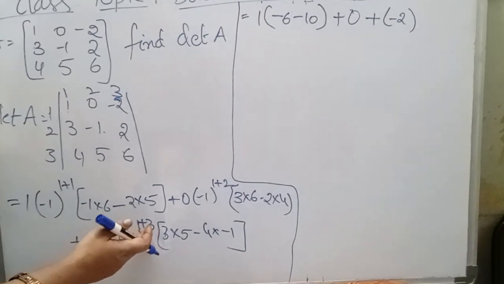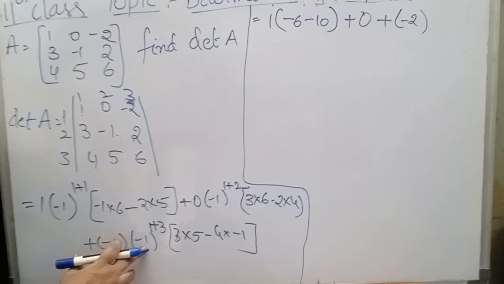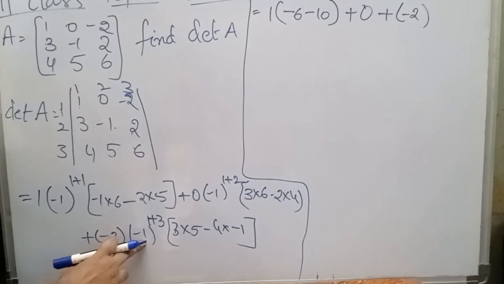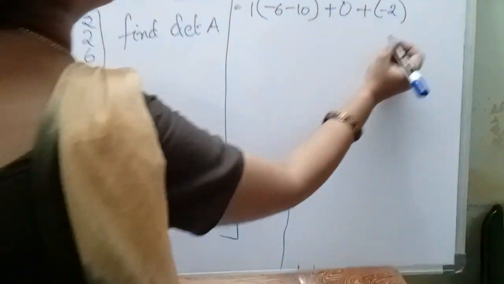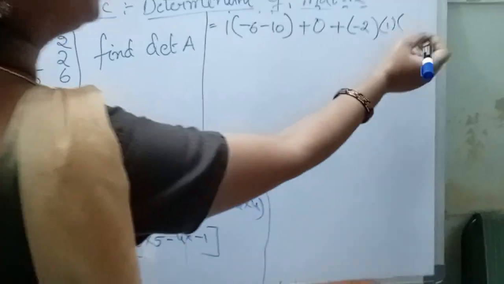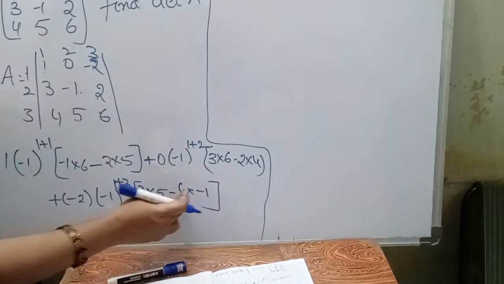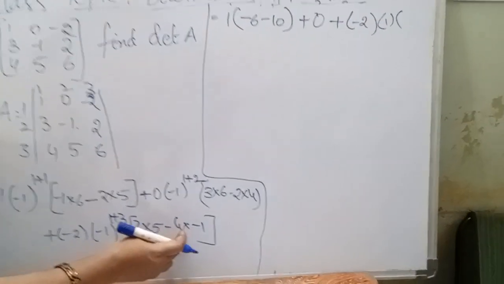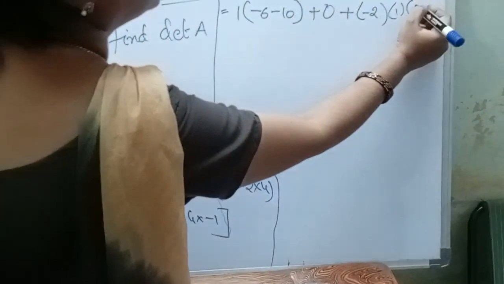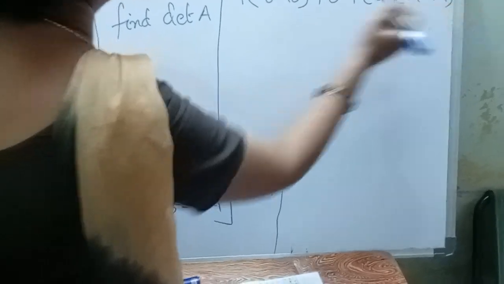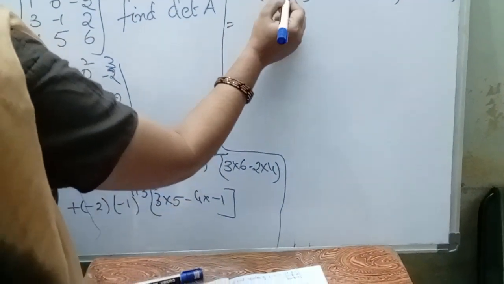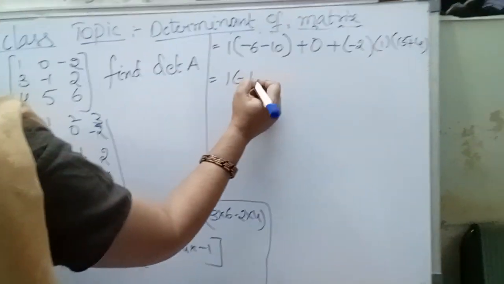Here the power is even, so the value is 1. So minus 2 into 1 into 3 fives are 15. Here this comes minus 4, minus minus plus. So 15 plus 4. That equals minus 6 minus 10, which is nothing but minus 16.